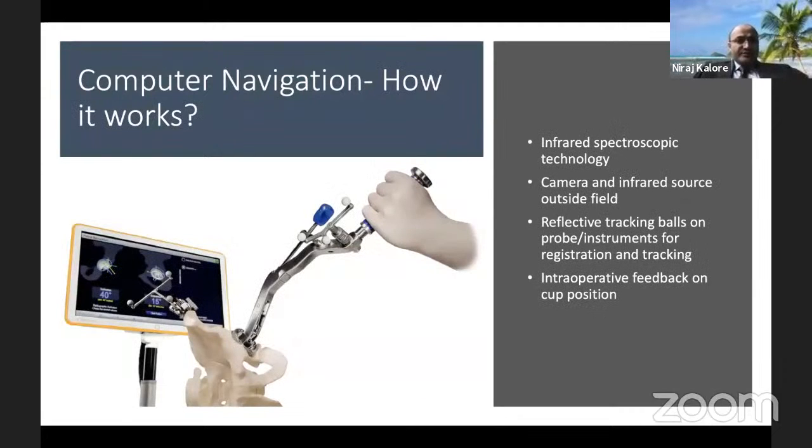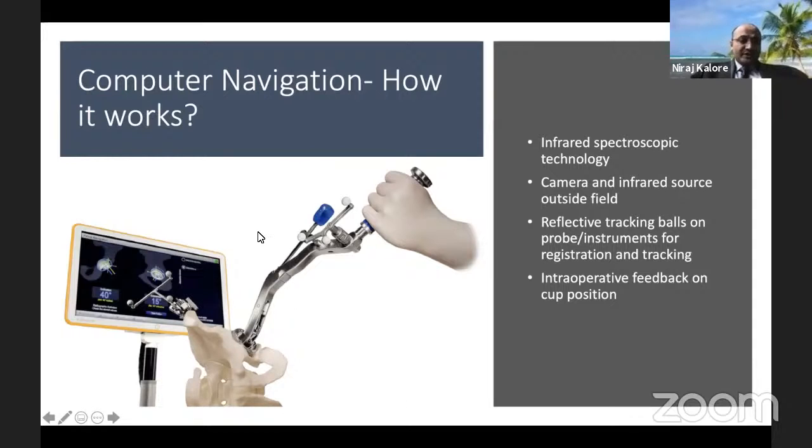Now, how does this navigation work? I have touched on this briefly before, but basically an infrared source outside of the field emits the infrared radiation, which is reflected off of these spheres present on, in this case, the reamer handle, and also on bony landmarks. Usually a 3-sphere array is attached to the bone, and it is attached through pins.